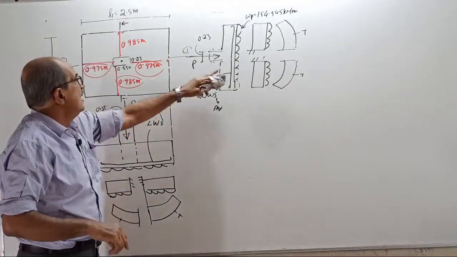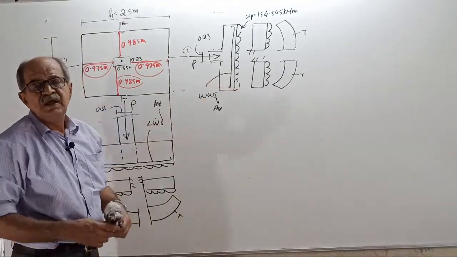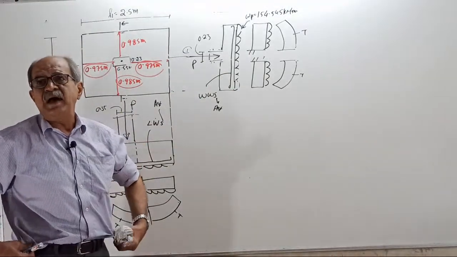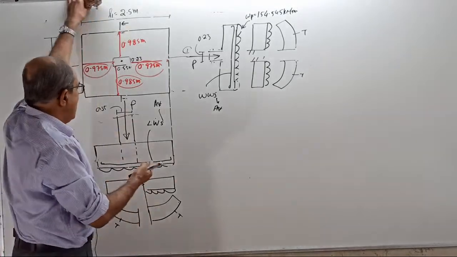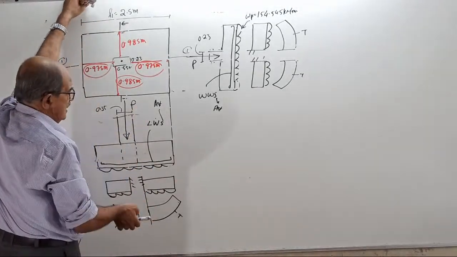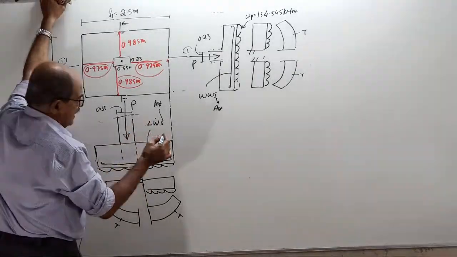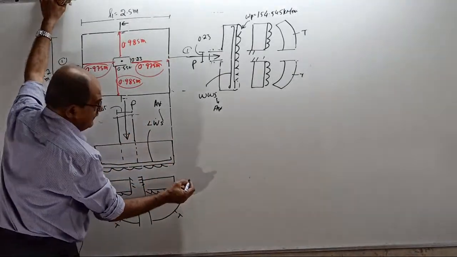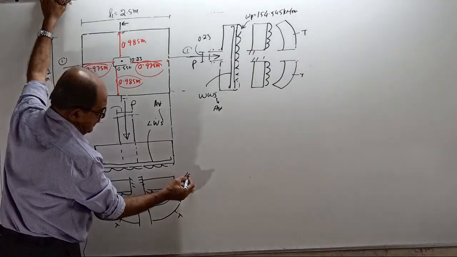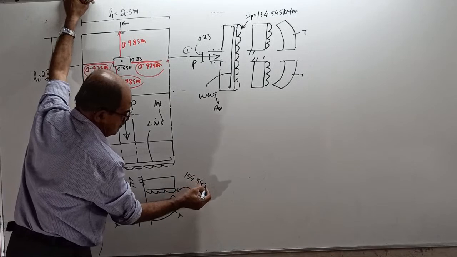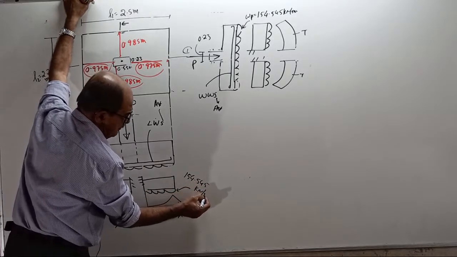Okay, now, this I explained. And remember, this is a case of a column subjected to pure axial load. Therefore, upward pressure is uniform. And our uniform pressure is how much? 154.545 kilonewton per meter square.